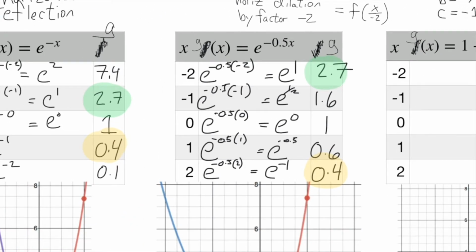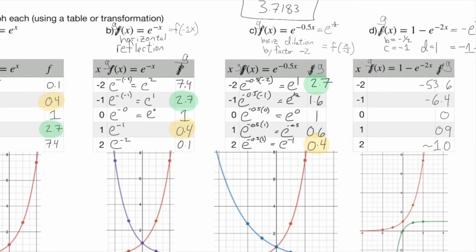So green 2.7 gets reflected over here, and yellow 0.4 gets reflected down here. You can see not only is it a reflection like before, it's also a dilation. It got spread out wider. Here's what just a straight up horizontal reflection looks like. This is a horizontal dilation by a factor of negative 2, and all these values are twice as far away.